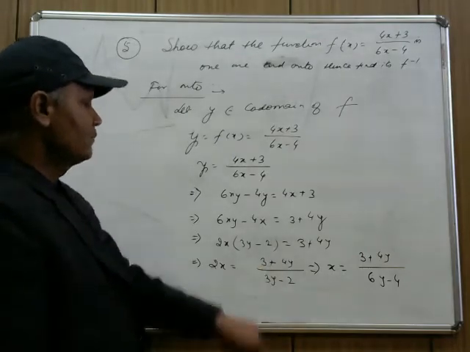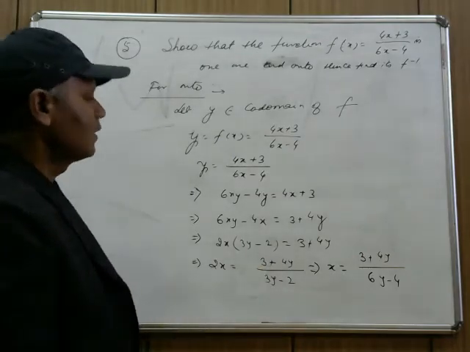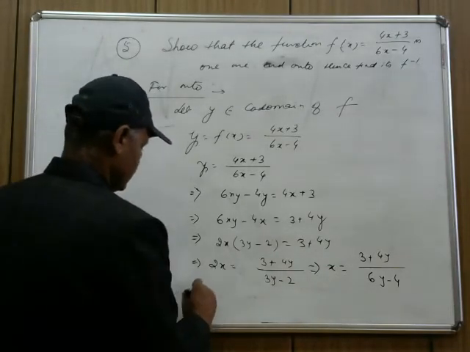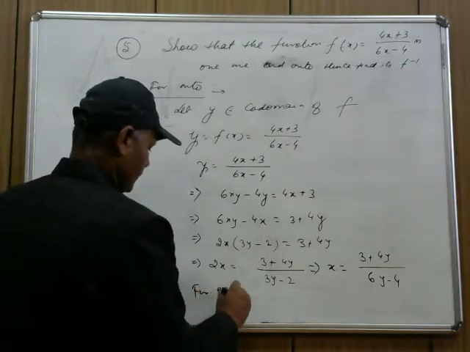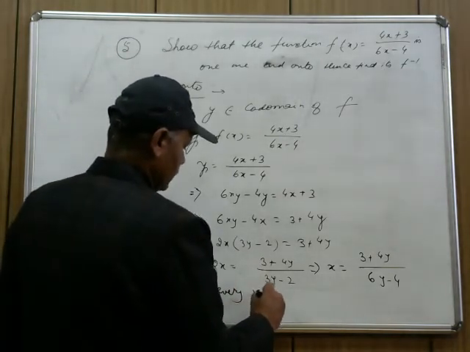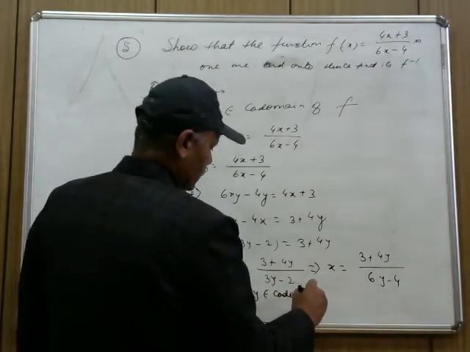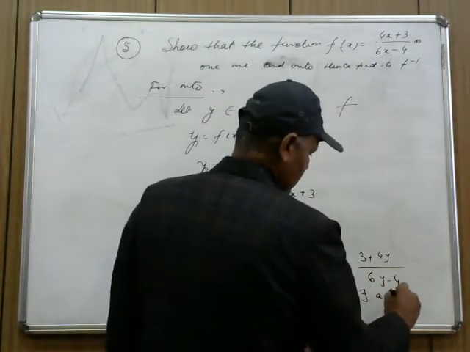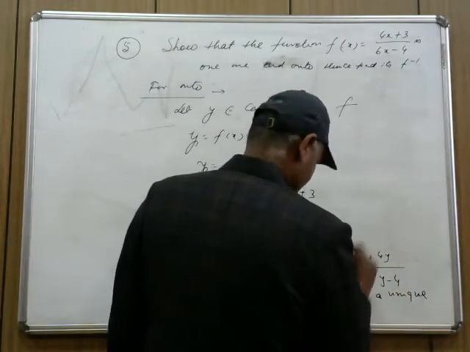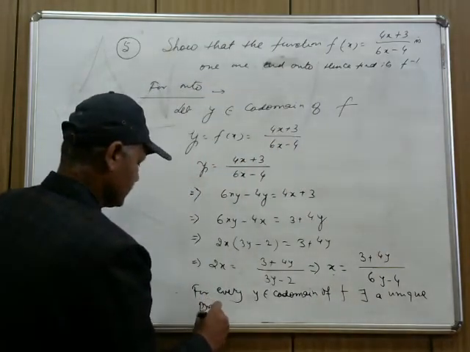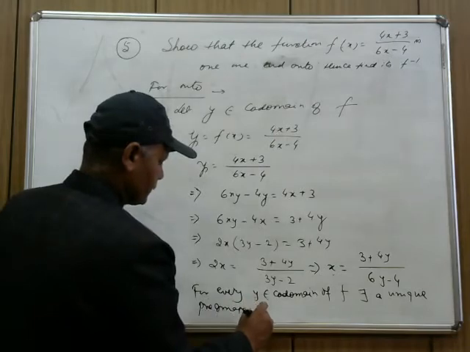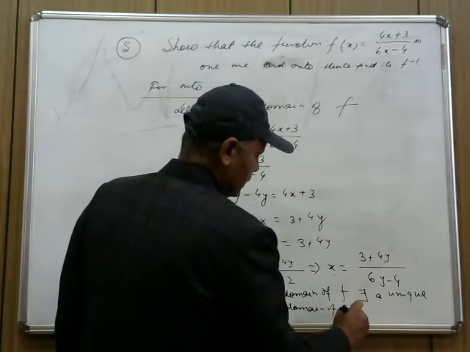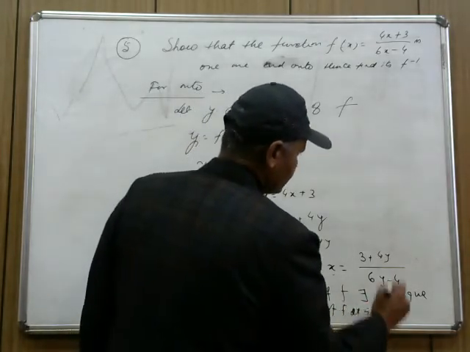That means for every y belonging to the codomain of f, there exists a unique x, or pre-image, in the domain of f, and hence it is onto.